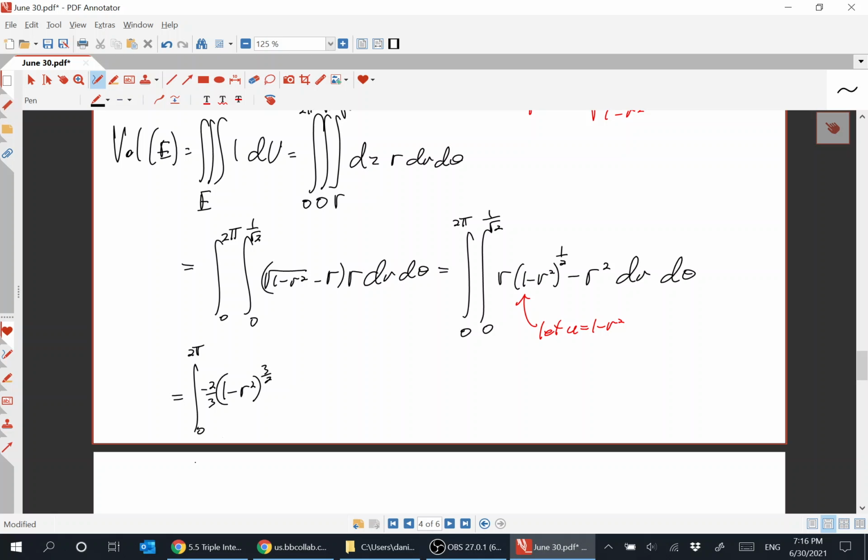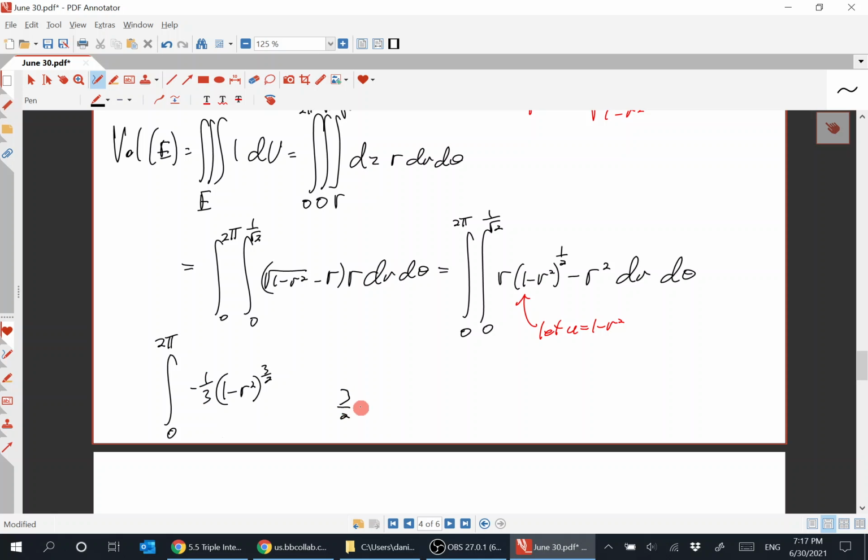1 minus r squared to the 3/2. I think it's 1/3, because now when you take the derivative of this, it's negative 3, yeah? Right, because we take the derivative here, no, 1/3.